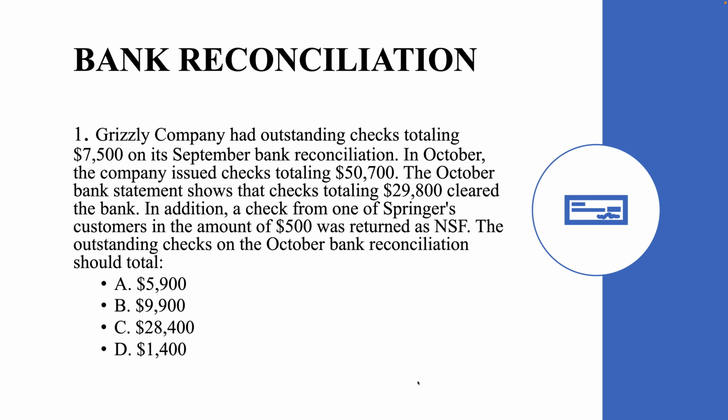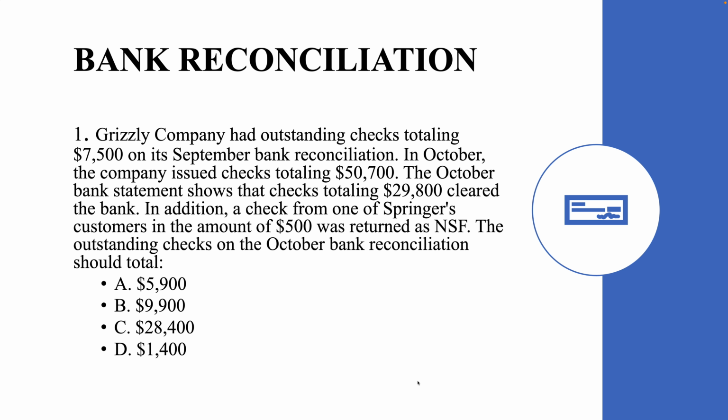This means that these checks have been debited from our bank account and are no longer outstanding. In addition, a check from one of Grizzly's customers in the amount of $500 was returned as non-sufficient funds. The outstanding checks on the October bank reconciliation should total.